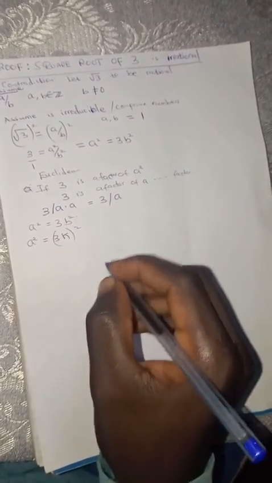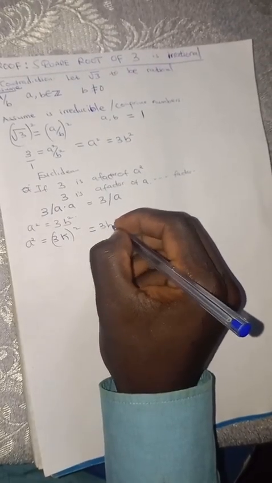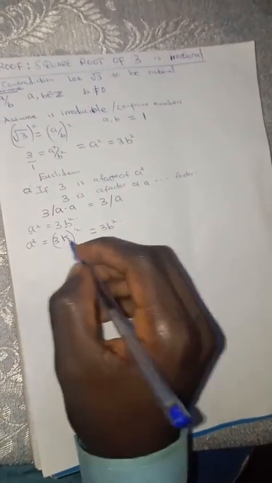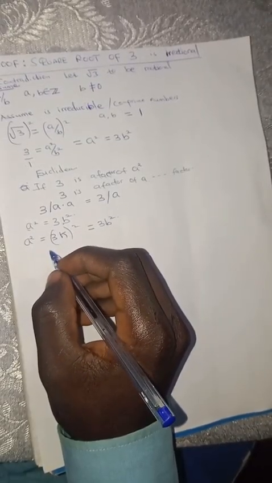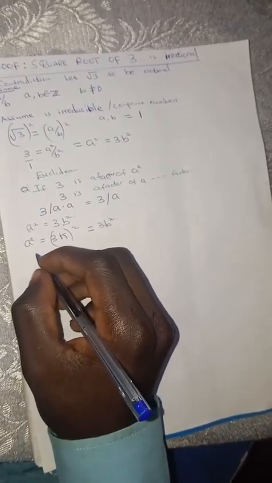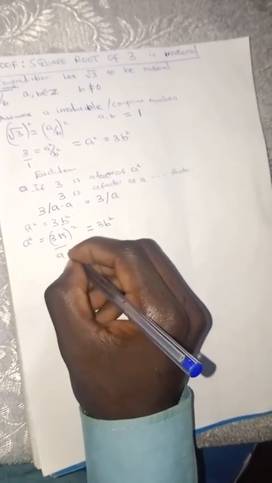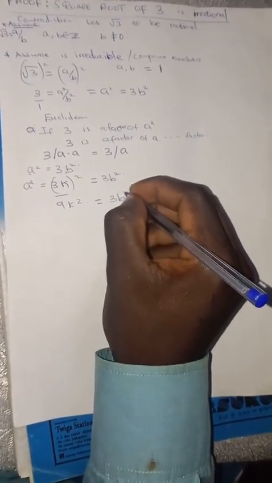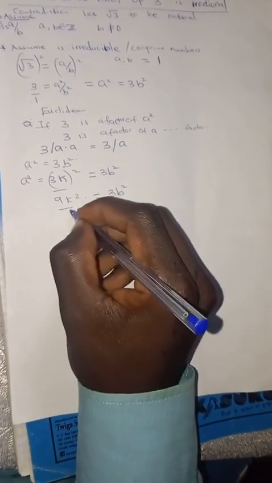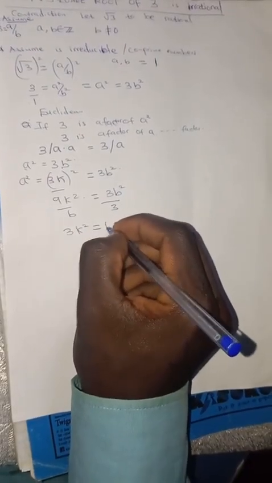Then a squared equals 9k squared, which equals 3b squared. If we divide by 3, then we have 3k squared equals b squared.